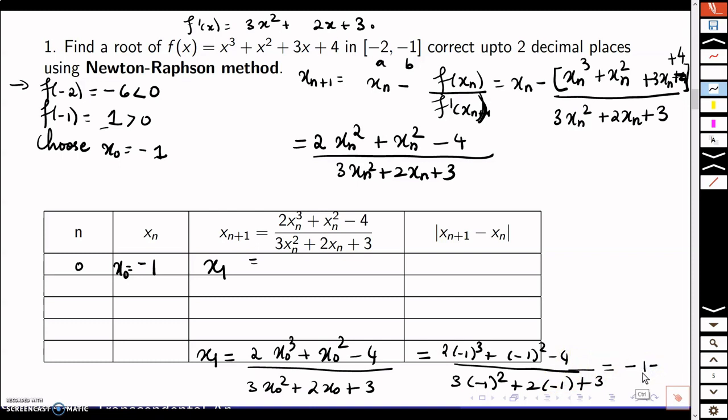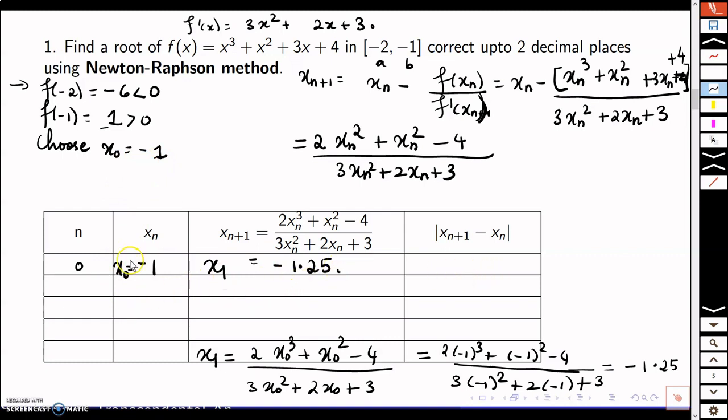So that's minus 1.25. So this value of x1 I will take and I will put it here, minus 1.25, right? So this is the second approximate root denoted by x1. Or you can call the first one x0 is the 0th one and this one is the first one.